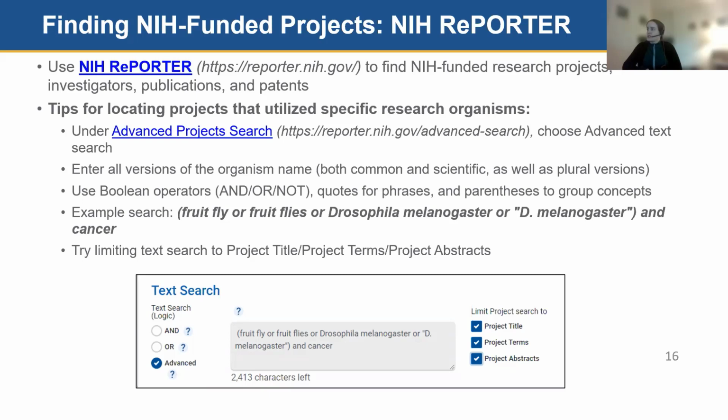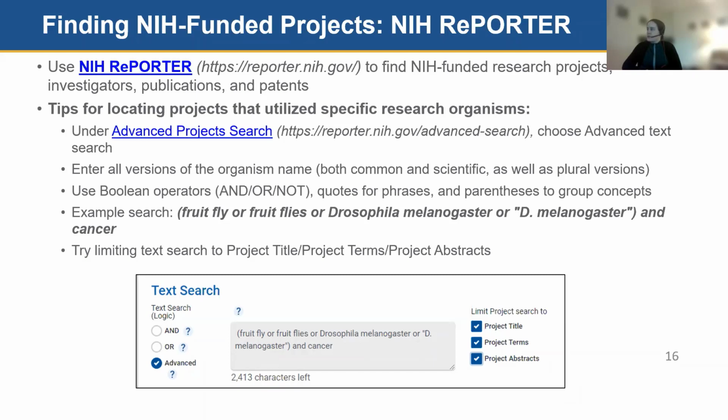Under the Advanced Project Search, choose Advanced Text Search, and then enter all versions of the organism name, both the common and scientific as well as plural, using the Boolean operator or between each organism name search term. And you can also use quotes around phrases and parentheses to group all versions of the organism name. And then also use the Boolean operator and to add additional search concepts.